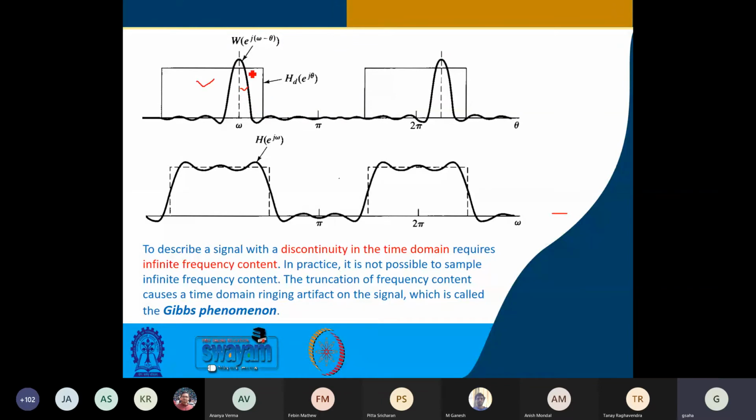Convolution means shifting and multiplying, and then we are arriving at this H to the power j omega, which is wavy in nature. Can you give some idea? I'll again discuss, but whatever you want to tell. Ganesh and Sricharan, please.